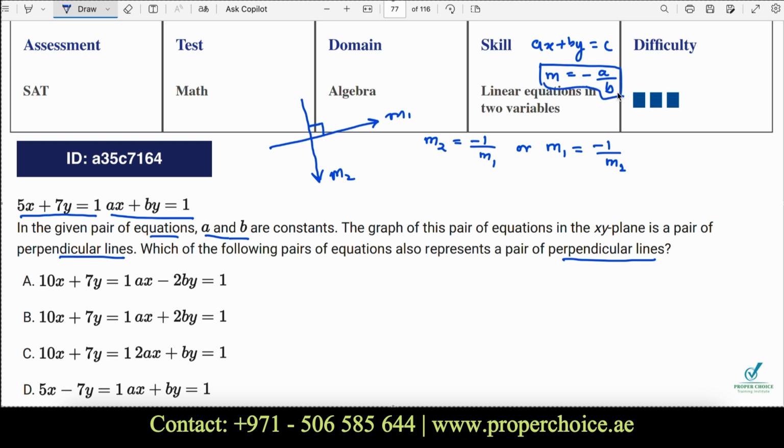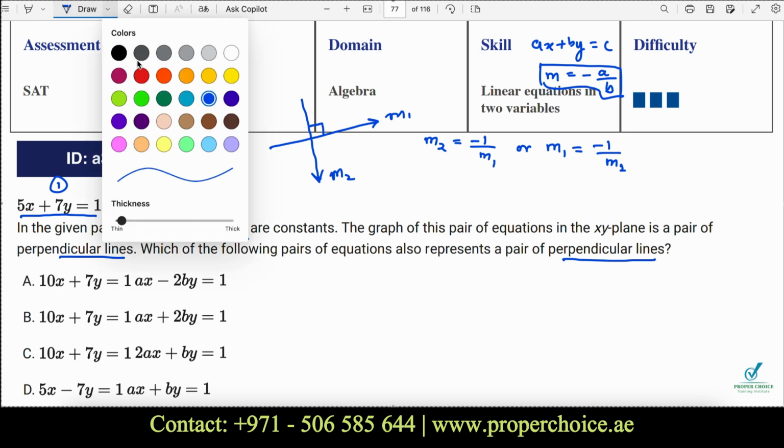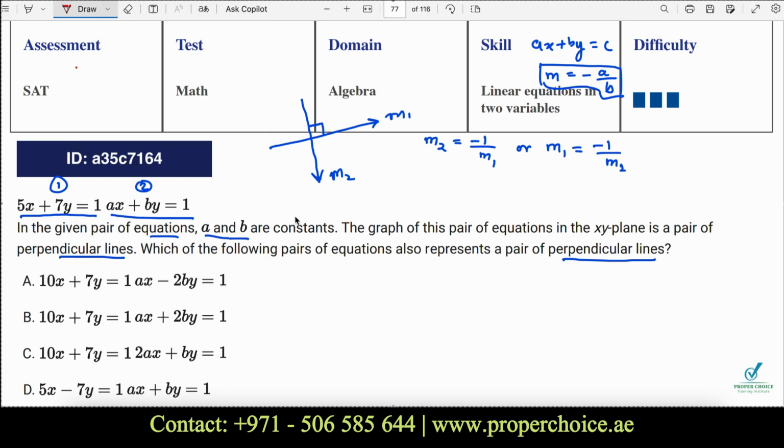So by referring to this, you can find out the slope of the first line and the slope of the second line. Writing the slope of the first line as m1, I'm talking about this one. m1 is going to be the negative coefficient of x, that is -5, divided by the coefficient of y, which is 7.